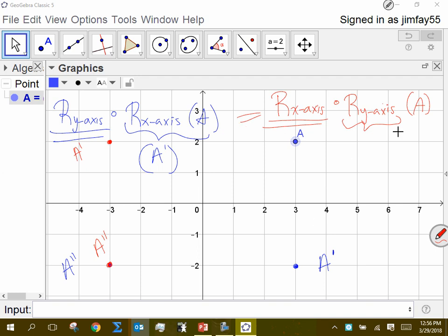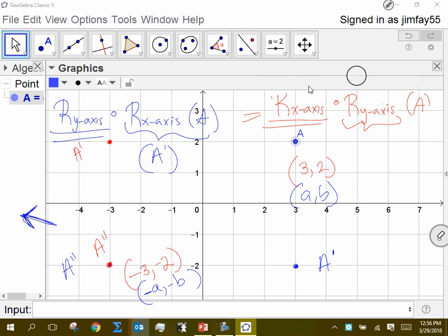Now, is there a better way of writing this? If that's 3, 2, and this became -3, -2, let's assume that this is our A comma B, right? How would you write this if that was A comma B? -A, -B, right? Is there a rule over here on the whiteboard that says if you start with A comma B and you get -A comma -B? So a rotation of 180 degrees.